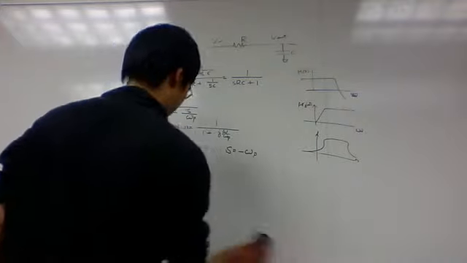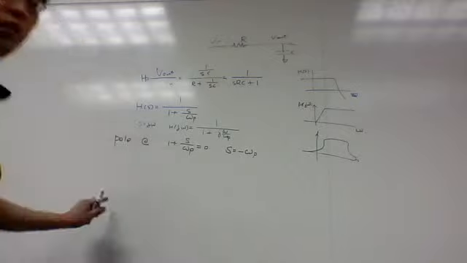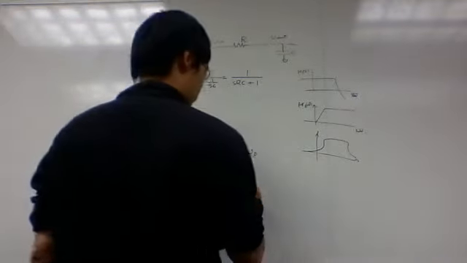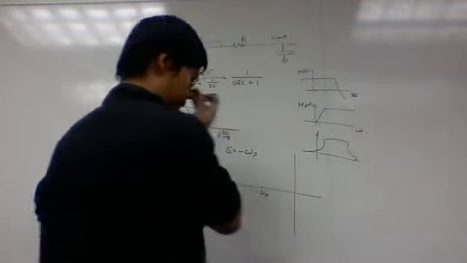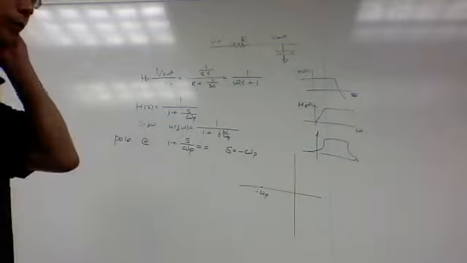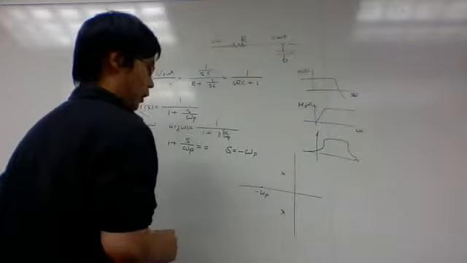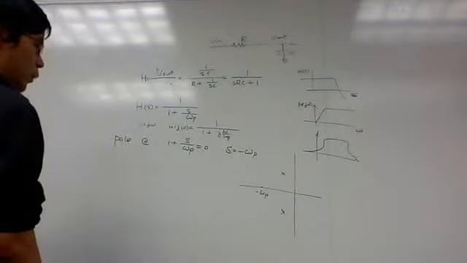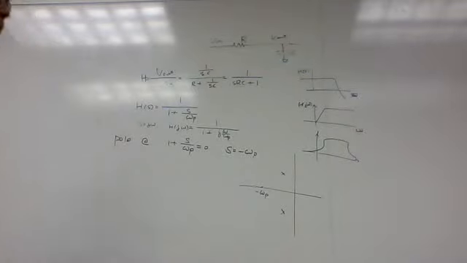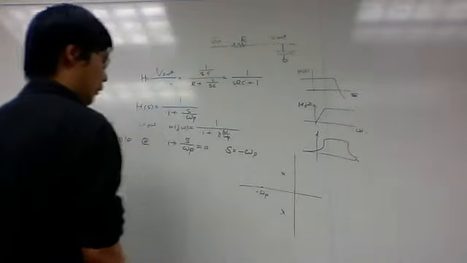This is the case where you have a single negative pole at minus omega P, right? Besides real poles, we could have complex conjugate poles, something like this. If it's complex conjugate poles, then we have a number of definitions we can define for them.